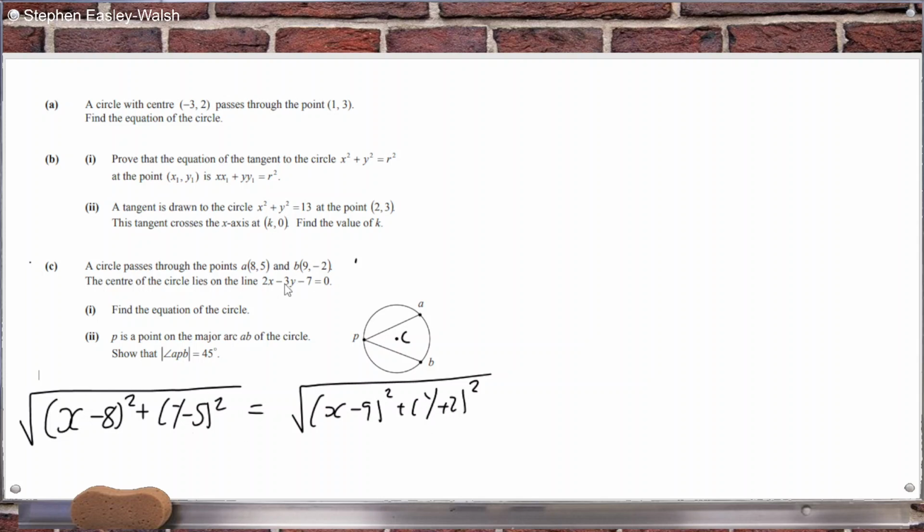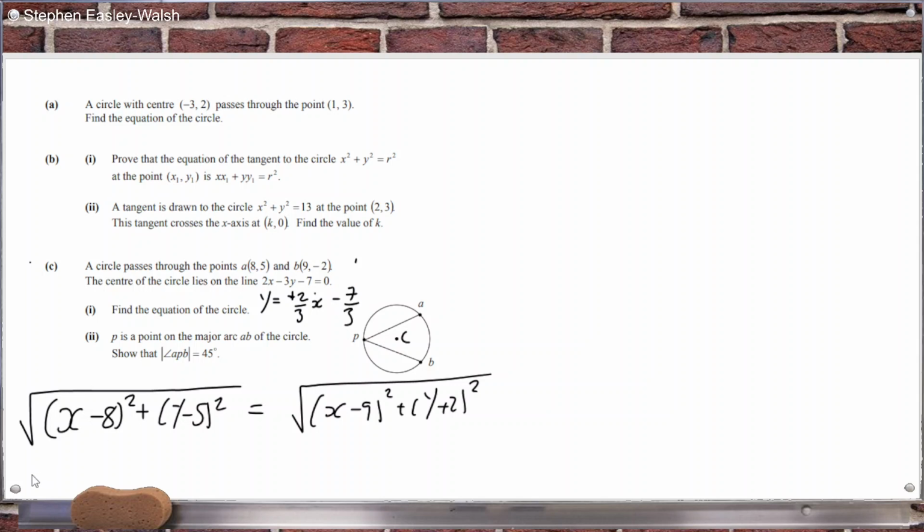But if you rearrange this, you can get y equals minus 2 over 3 x, no, plus 2 over 3 x, minus 7 over 3.